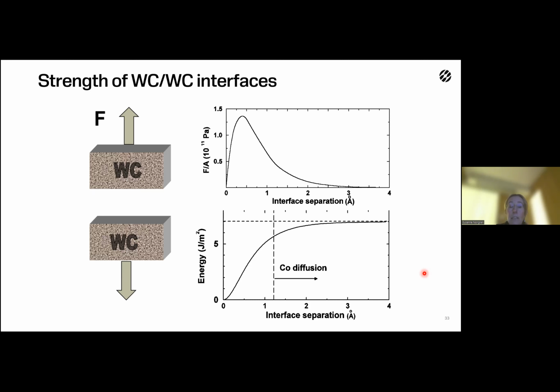And plastic deformation in cemented carbides, in addition to, of course, dislocation movements and so on, is also done by infiltration of cobalt or lamellas in the tungsten carbide grain boundaries. And that is something we will see later on in the presentation.